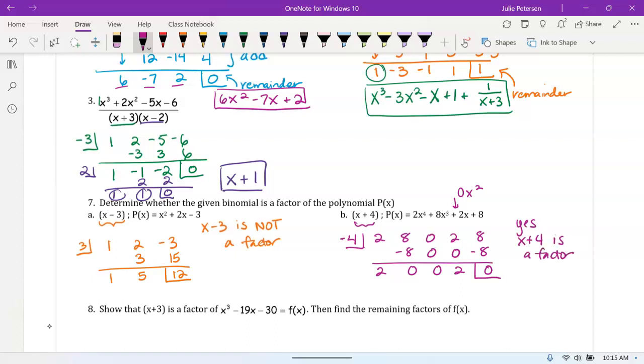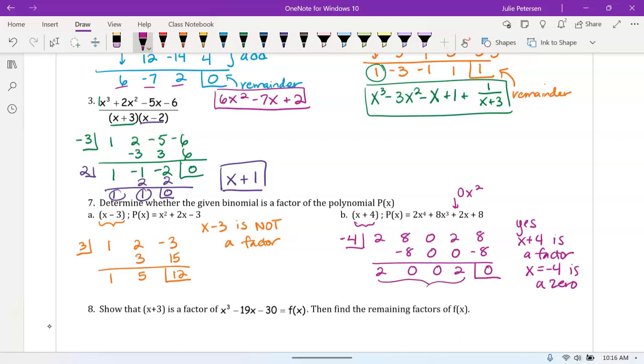And that also means that x equals negative 4 is a 0. Right? So thinking about what we've been doing with our polynomial graphs, that means negative 4 is a place where the graph touches the x-axis if we were going to graph this function out. And then let's just take our coefficients here and let's turn them into a polynomial.